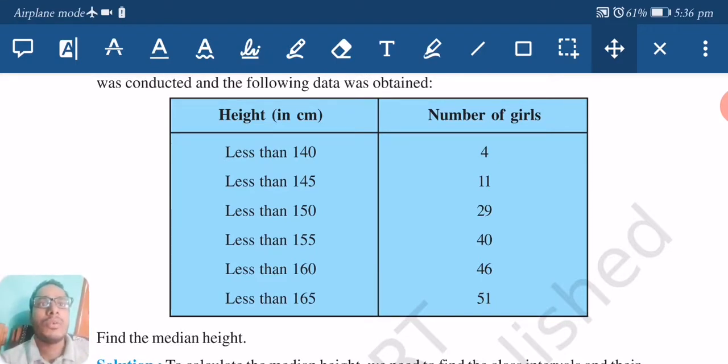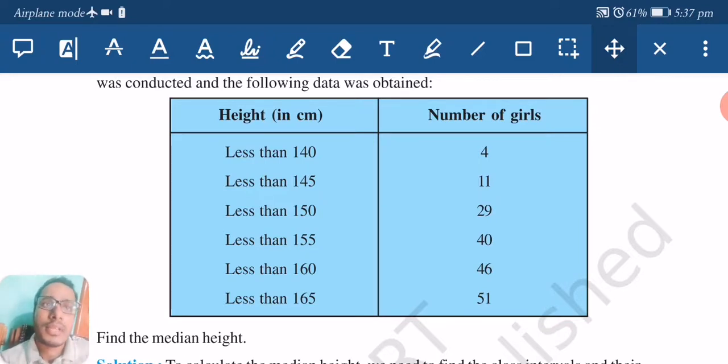The question will not directly give you the class intervals; you have to make the class intervals. The questions will be like this: less than 140, less than 145, or more than 140, more than 150, and so on. Based on that information only, we have to draw a cumulative frequency table.